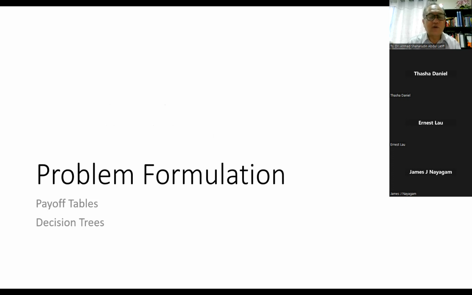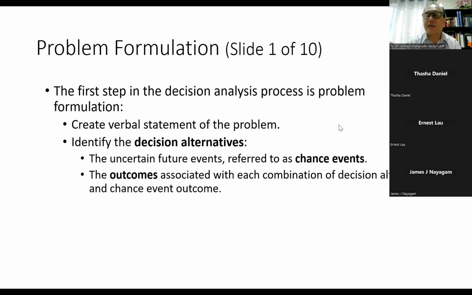So how do we formulate our problem? Well, the first step in a decision analysis problem is to formulate the problem. We start with creating a verbal statement of the problem. You identify the decision alternatives, what kind of decisions there are. Remember, we have covered this in our MIS. How do we make decisions?